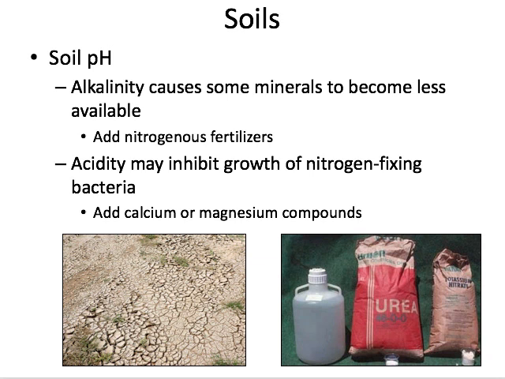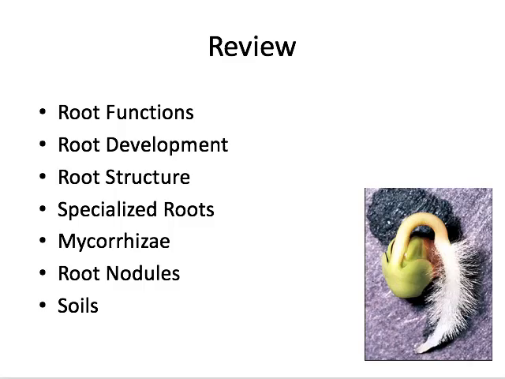But it's all about balance, right? Too much of a good thing can cause problems. And sometimes if we add too much nitrogen to our soil, for example, that nitrogen can run off the land and pollute waterways. So it's very important to do this soil pH adjustment in a responsible way.